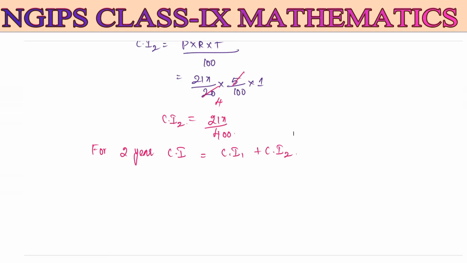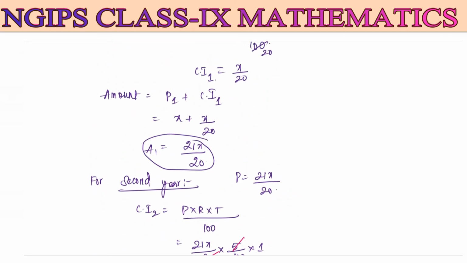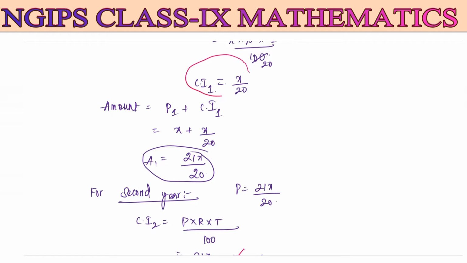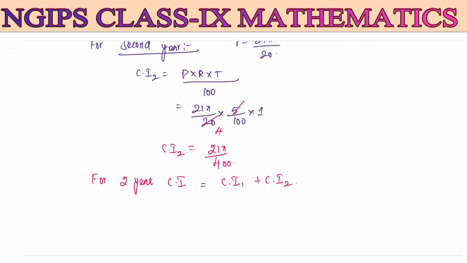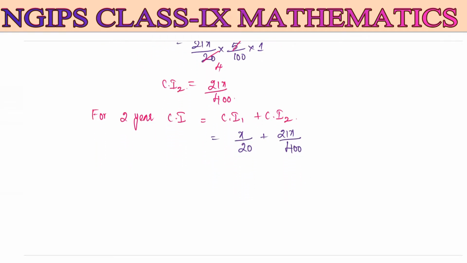The first year compound interest is X by 20, and the second year compound interest is 21x divided by 400. Adding both together gives the compound interest for 2 years.